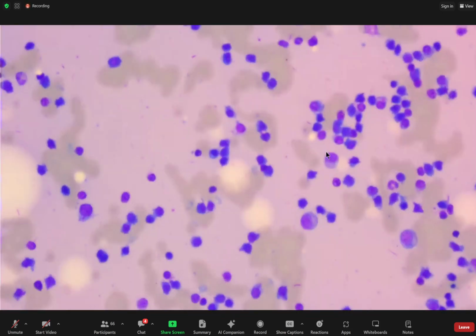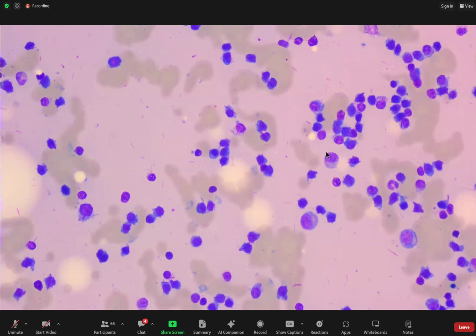But the serum protein electrophoresis is IgG, it's not IgM. The only thing unusual is the IgG kappa paraprotein. Normally, in LPL, it would be IgM.